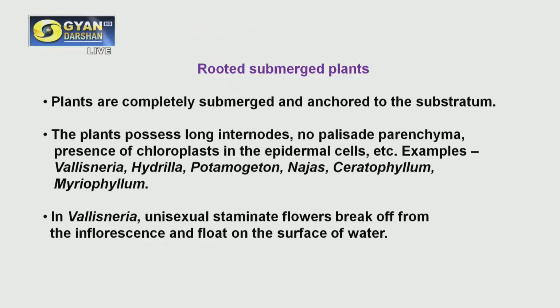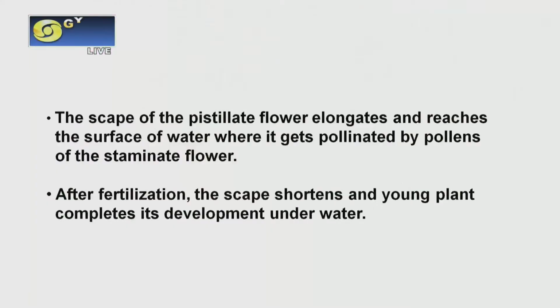So what is the peculiarity of the pollination? The staminate flowers break off and float on the water surface, so that the anthers are accessible, and the scape of the pistillate flower elongates and reaches the water surface, and then there is pollination because the pollen is available on the water surface.